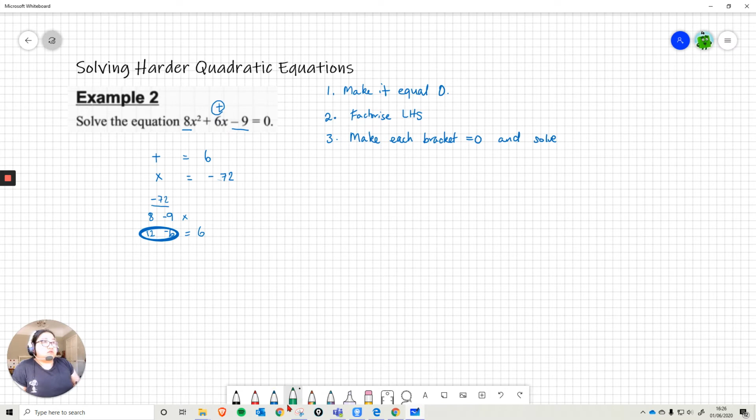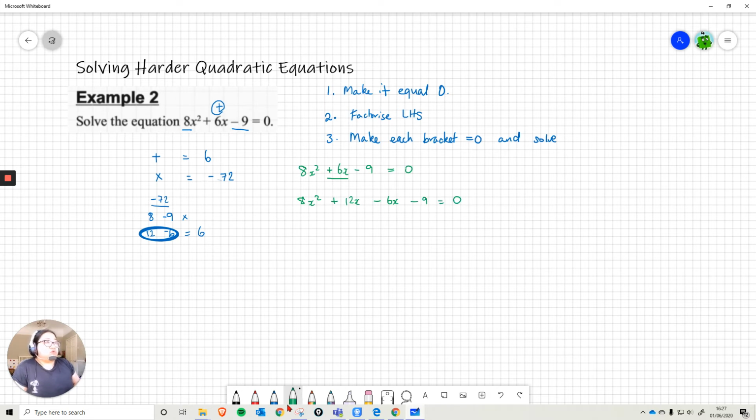So looking at this equation, 8x squared plus 6x minus 9 equals 0, I know this middle term is going to be split to 12 and minus 6. So I'm going to do 8x squared plus 12x minus 6x minus 9 equals 0.